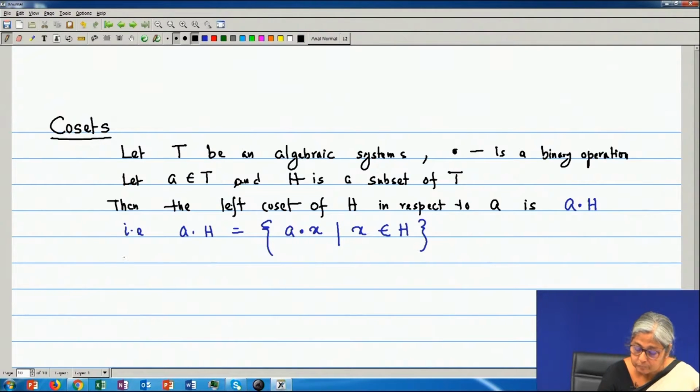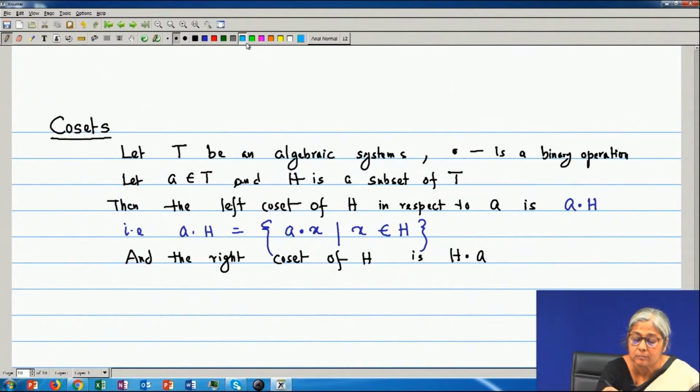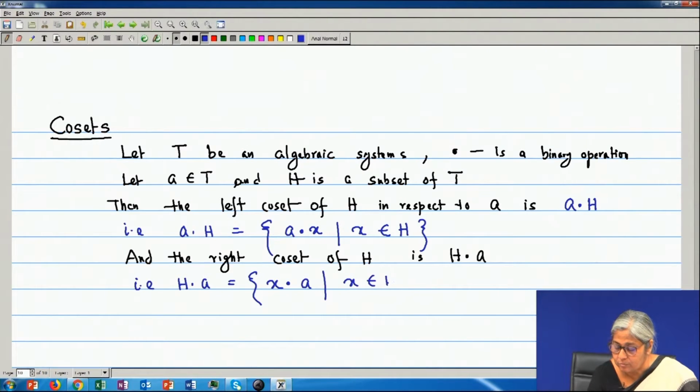Similarly, the right coset of H with respect to A is H dot A, that is, all elements x dot A for x belongs to H. So, these are the left coset and the right coset of H, where H is a subset of T.